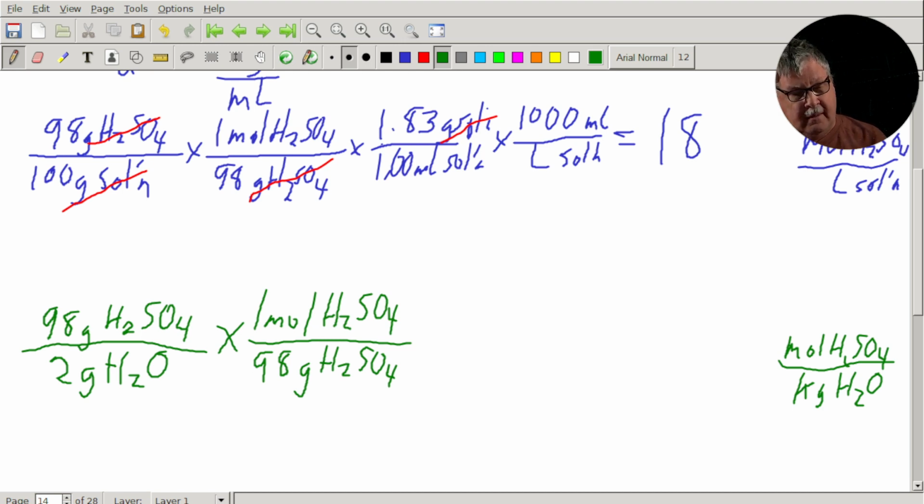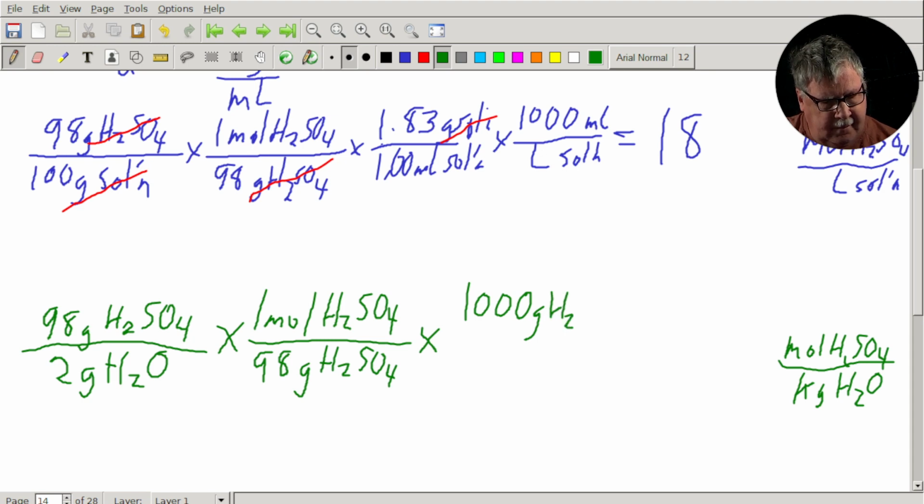And the answer is no. I don't have to make that transition from mass of solution to volume of solution, nor do I have to make the transition from mass of solvent to volume of solvent, because I have mass of solvent in my final target. So the only other thing I have to do is change grams of solvent to kilograms of solvent.